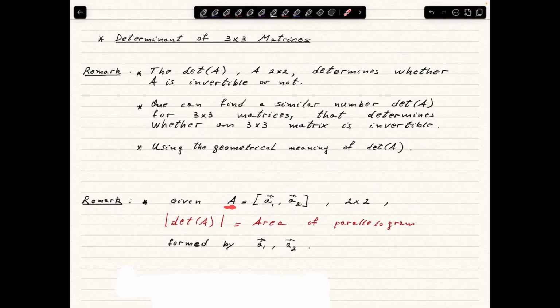If you write a 2 by 2 matrix A in terms of its column vectors, these are vectors with two components, so they are vectors on the plane, and the determinant of that matrix is, in absolute value, the area of the parallelogram formed by these two vectors.